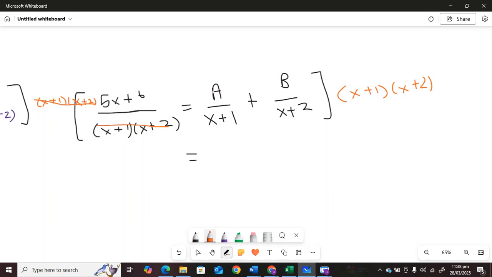Meaning this a over x plus 1 multiplied by x plus 1, x plus 2, this x plus 1 cancels, remain with a times x plus 2.